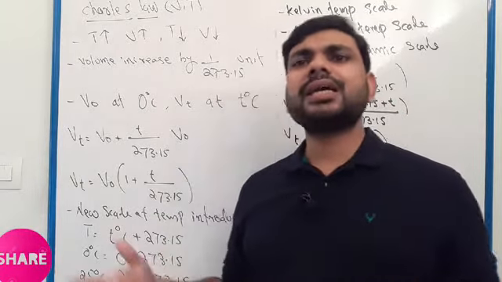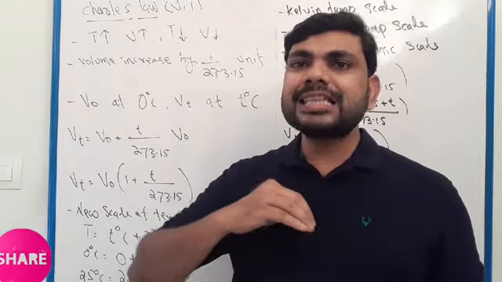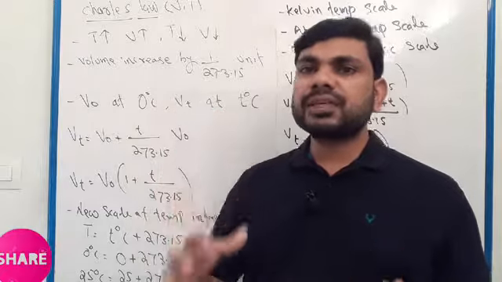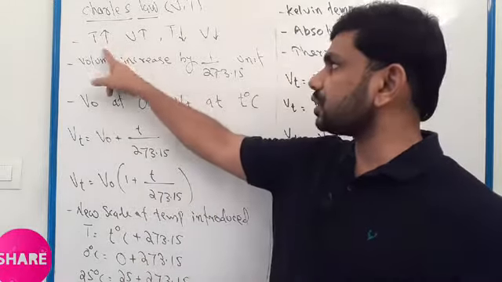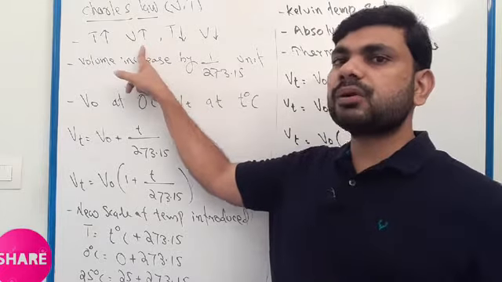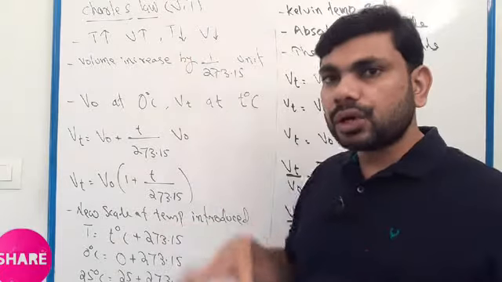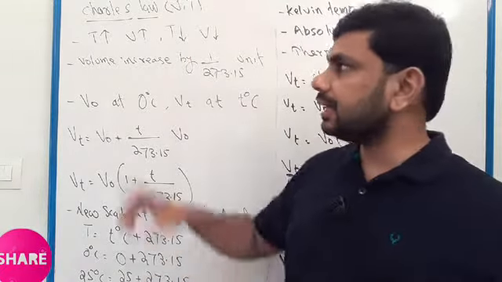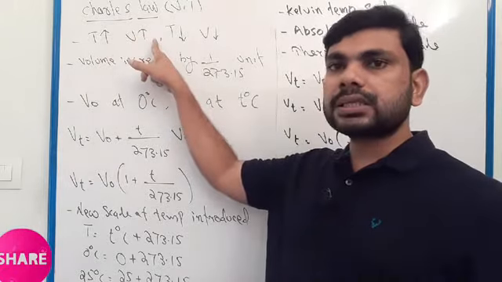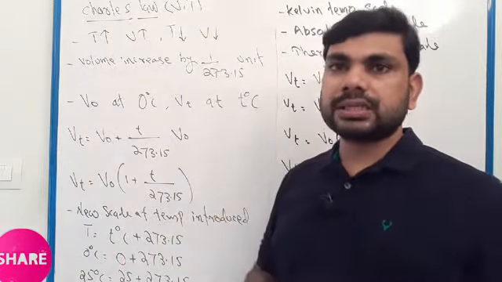Charles did many experiments and he found that when we increase temperature, the volume of a fixed amount of gas also increases. When we decrease temperature, the volume also decreases.